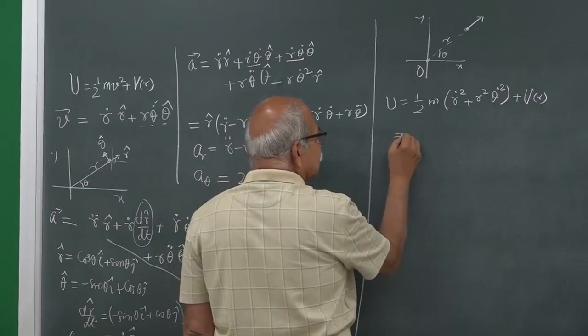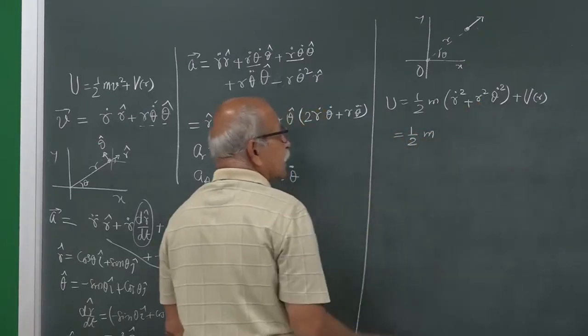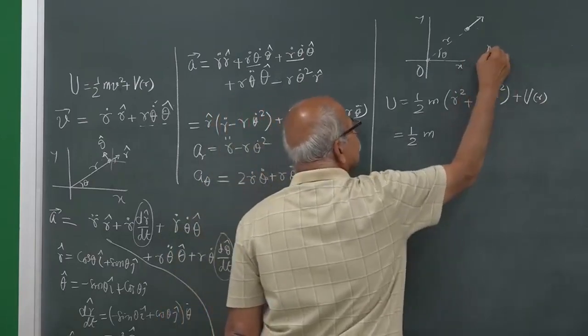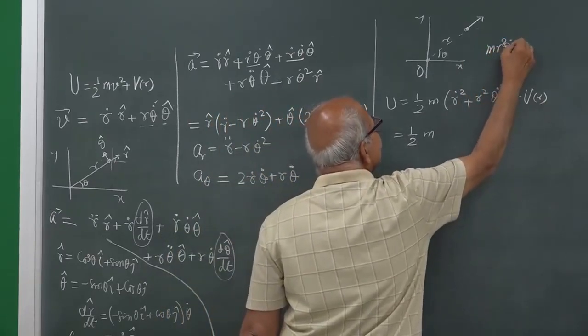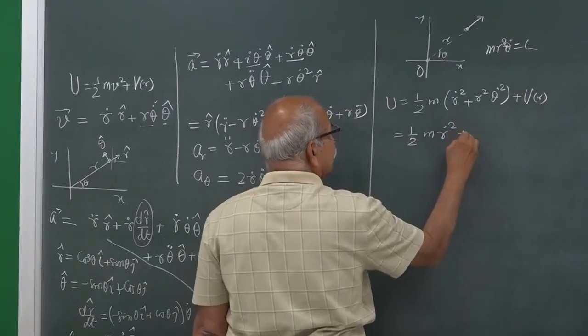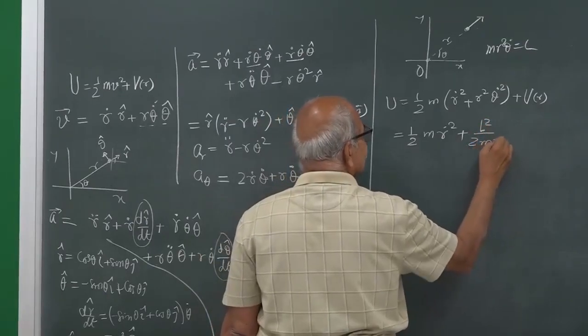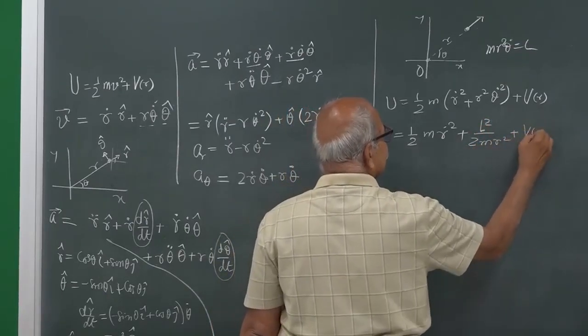Then we use the angular momentum expression to write this, m r square theta dot is L, and from there we wrote this as half m r dot square plus L square by 2 m r square and plus V of r.